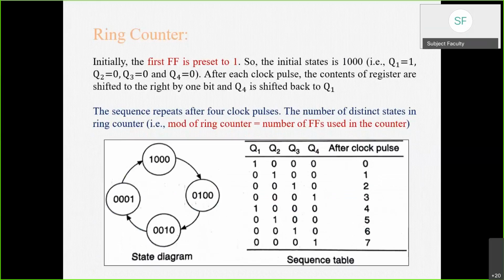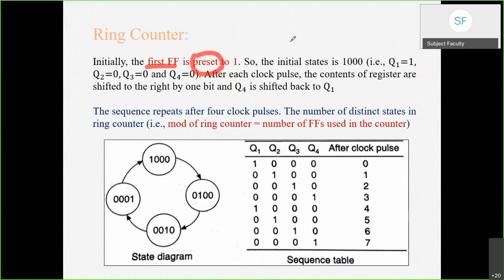Now how does it work actually? So initially, one of these four flip-flops, generally the first flip-flop, will be preset to 1. We have already seen what is the function of preset.